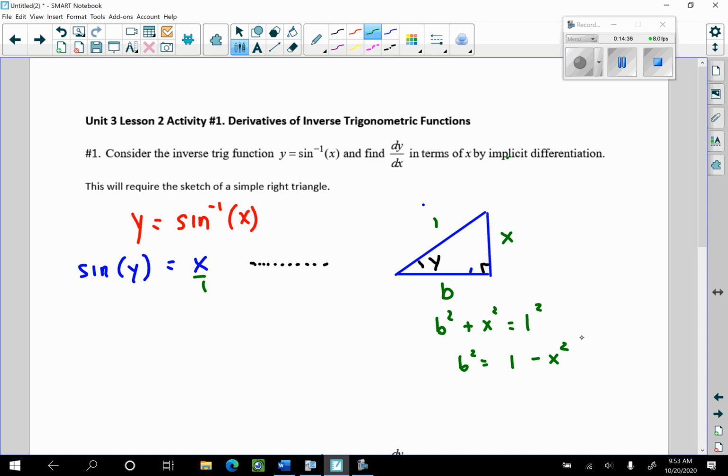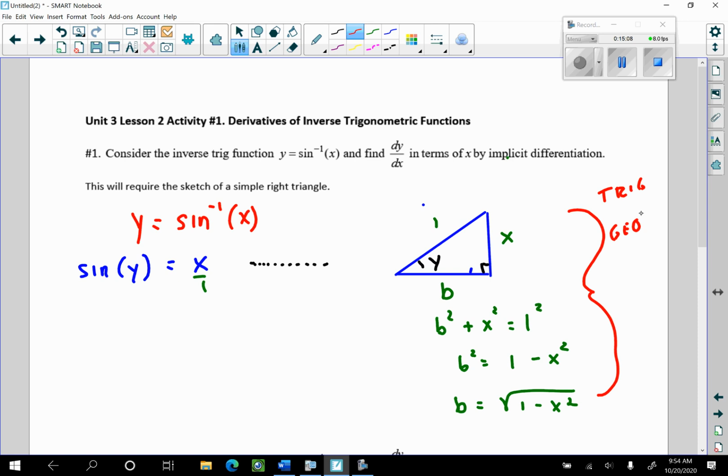And since we're talking about lengths of triangles, b is going to be the square root of 1 minus x squared. You'll understand in a moment why I came up with that. Geometry and trigonometry. Trig and geometry.